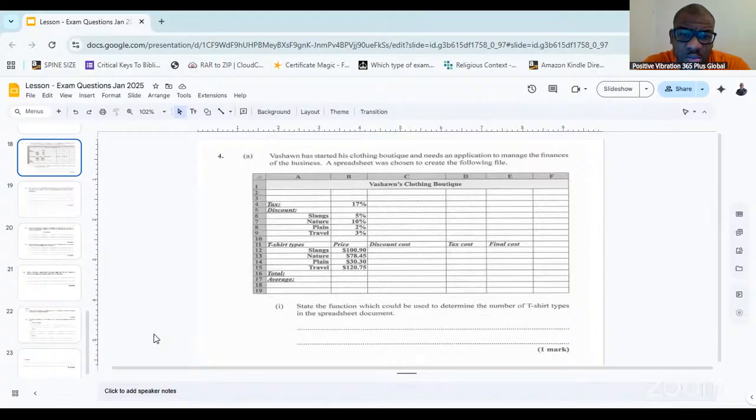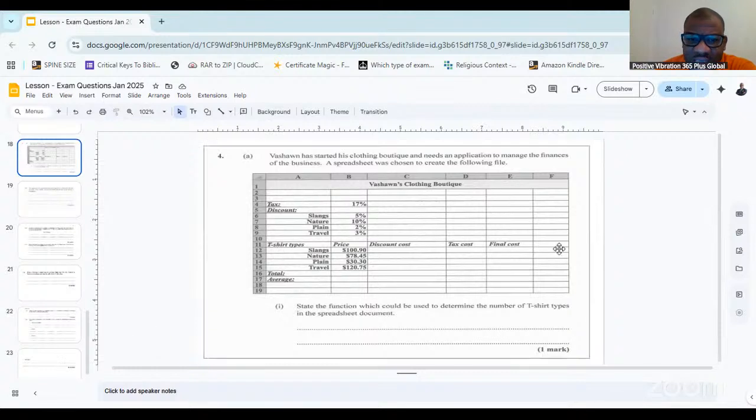Guys, seriously? Sir, would you use SUM? Which one? SUM? They want to know the type. Look at the word determine. Only one thing can be the answer if they use determine, you know.